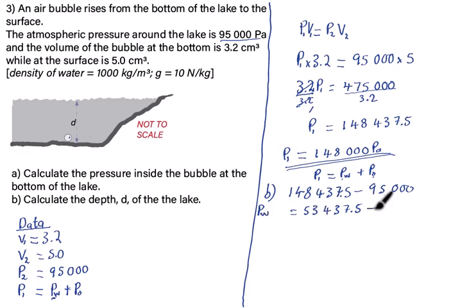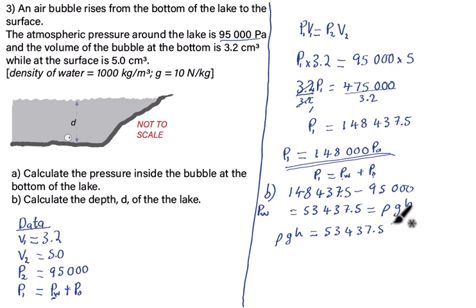This is PW, and this is equivalent to rho g h. So rho g h is equal to 53,437.5. What do we do?